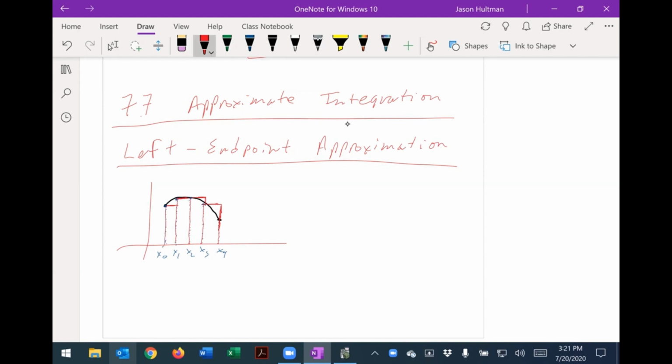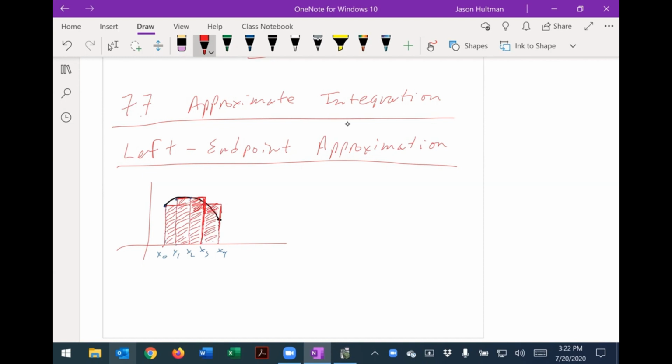The height of these rectangles gives me an approximate value for the function, and the area under these rectangles gives me an approximate value for the integral. So that's why it's called approximate integration.